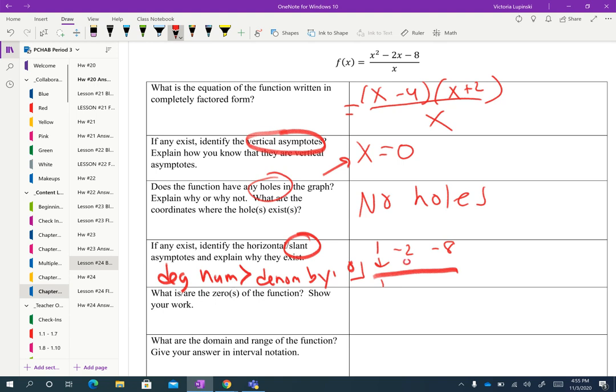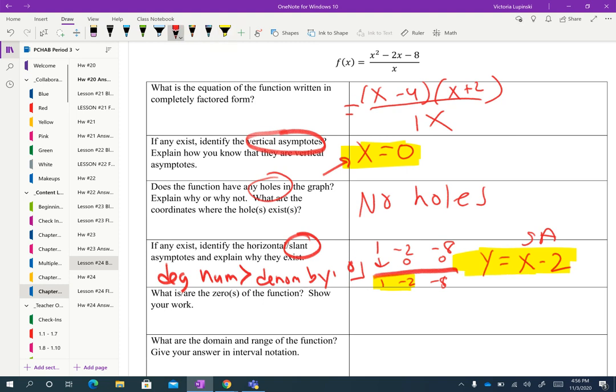Bring down the 1, 0, -2, 0, -8. You would then have to divide by the coefficient of the denominator, which is just 1. And again, this is weird, we've never really put 0 in the box, but it still works. You're going to look at that 1, look at that -2, which means your slant asymptote is going to be y equals x-2. So horizontal and slant.